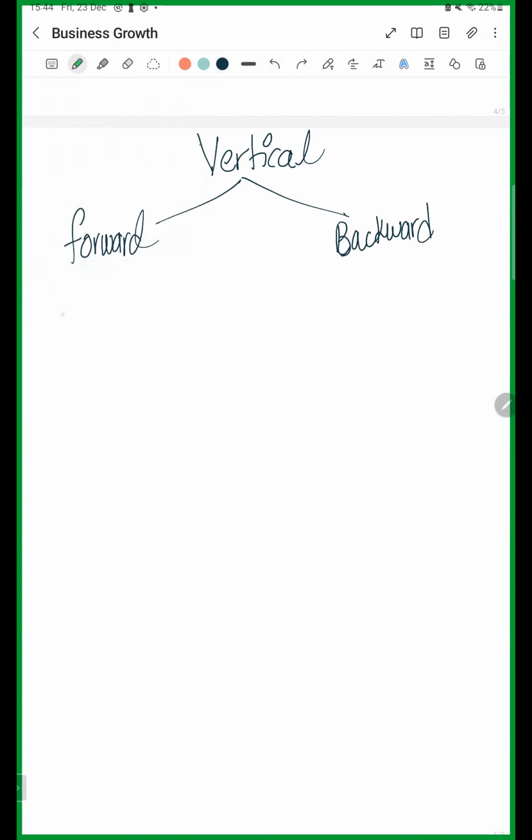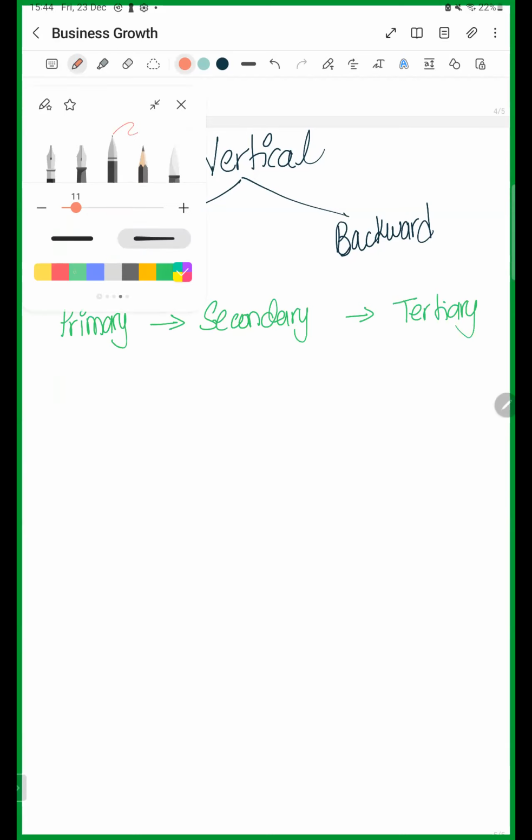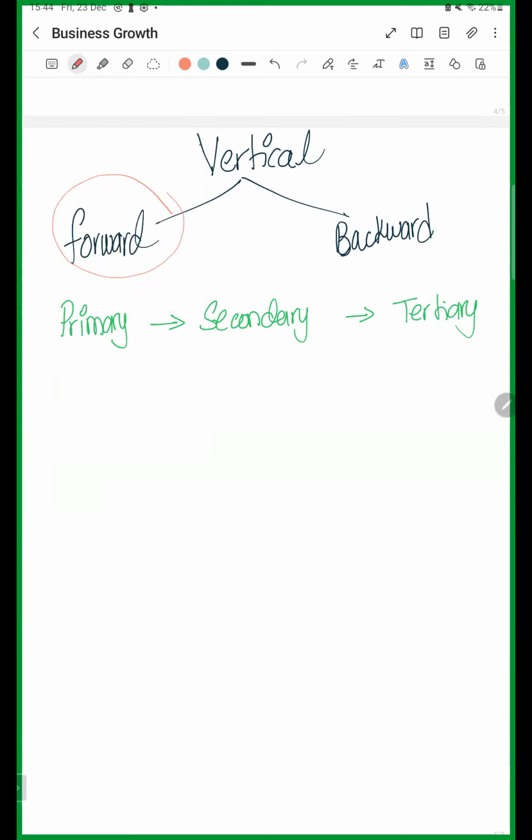So we have primary, then comes the secondary, then comes the tertiary sector. When we talk about vertical forward integration, a business which was in the primary sector merges or takes over and moves forward.